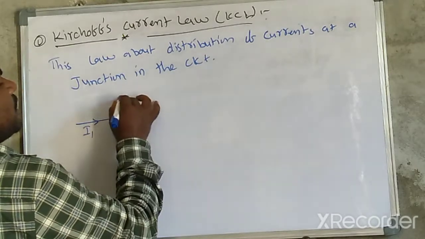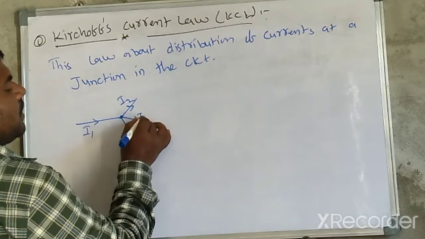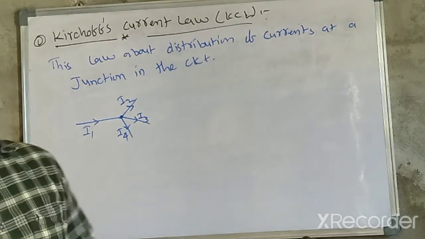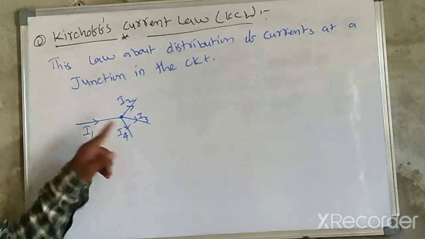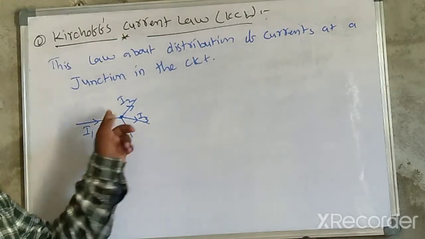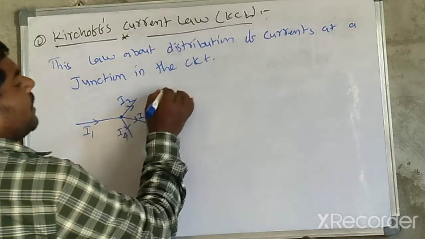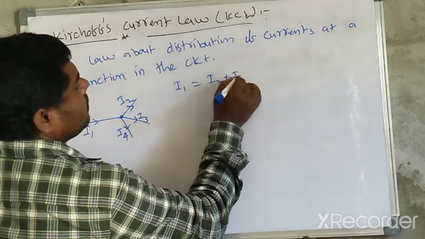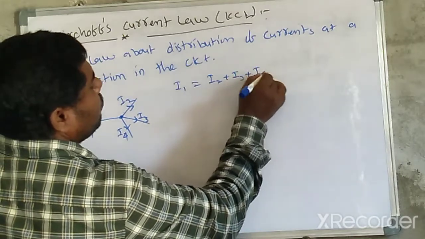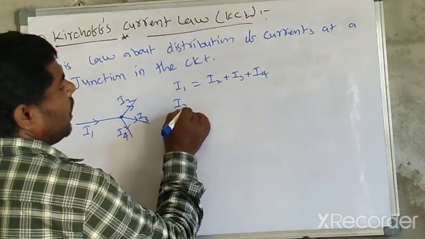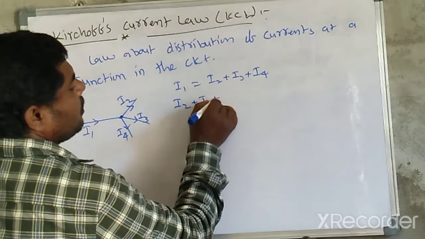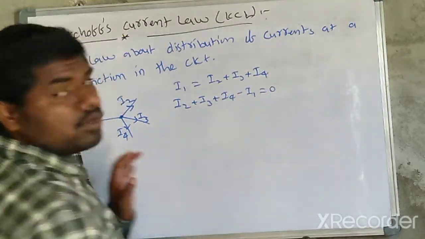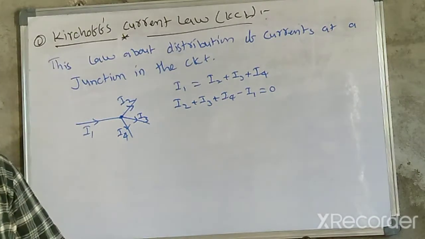So I1 is equal to I2 plus I3 plus I4. It means I2 plus I3 plus I4 minus I1 is equal to 0.